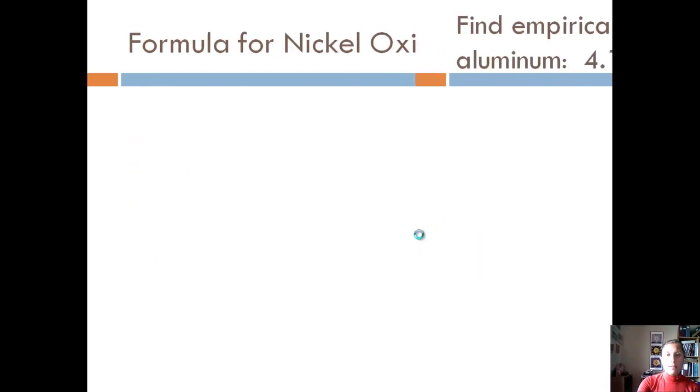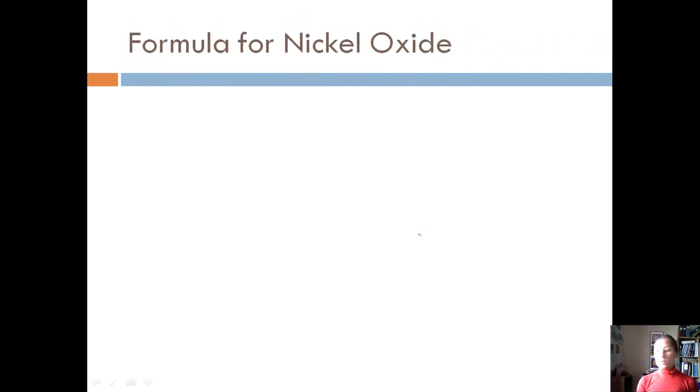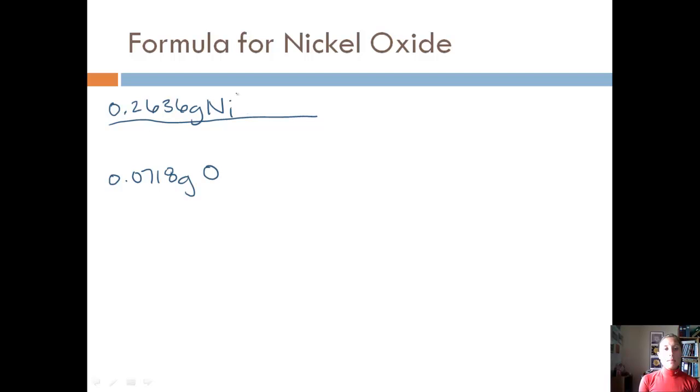Okay, so let's look at our formula for nickel oxide. If you remember from the problem, we had 0.2636 grams of nickel, and we also had 0.0718 grams of oxygen. So our first step was to get mass. Check, we got that.